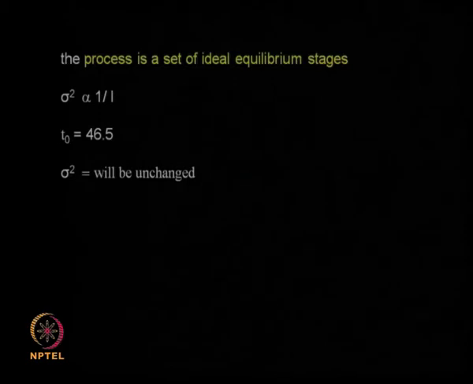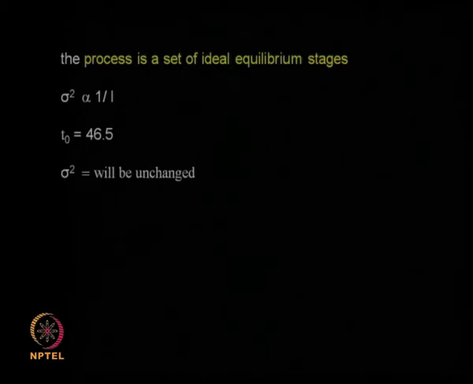So the entire column is divided into a large number of ideal stages. In that situation sigma square will be proportional to 1 by L, that is the column length. If the column length is very large, you have obviously a large number of ideal stages, then your sigma will become small, that means the peak width will become very small. Obviously the efficiency of the column is extremely good.